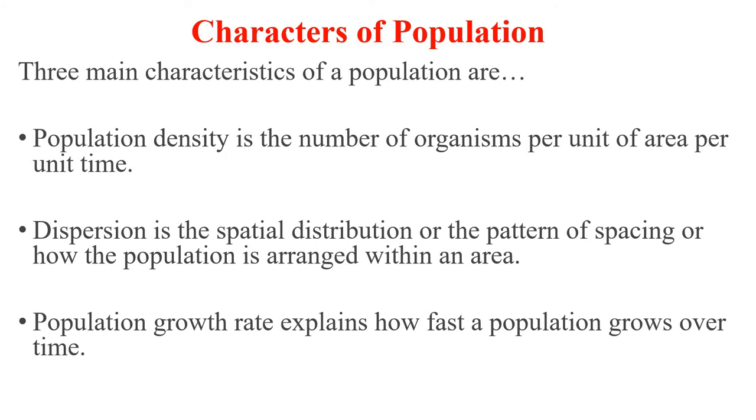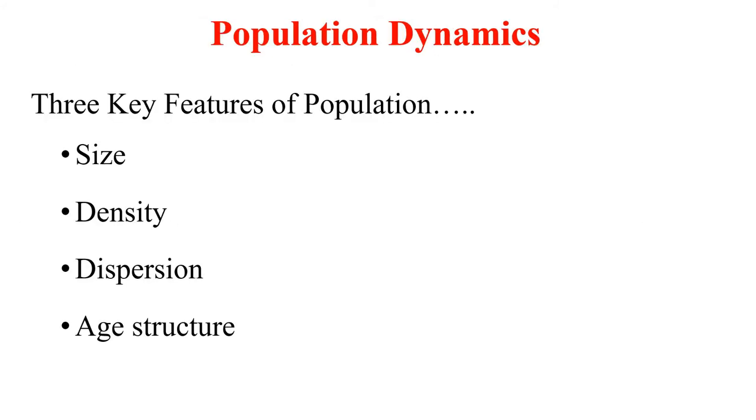Then population growth rate, that explains how fast a particular population grows over time. Therefore, there are four key features of the population. One is the size, second is the density, third one is the distribution, and fourth one is the age structure, out of which we'll consider only the first three features of the population in today's lecture one by one.